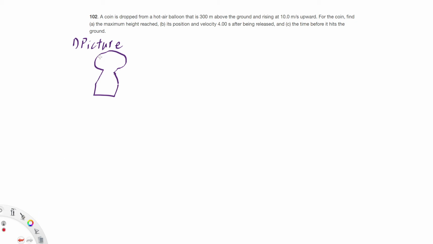And you know it's hot because I'm going to color it in a bit with red. And then there you are standing in the basket of the hot air balloon. And there's your coin, which is falling. All right.